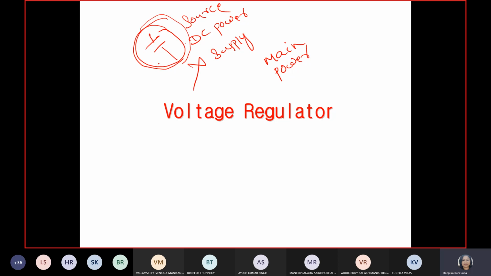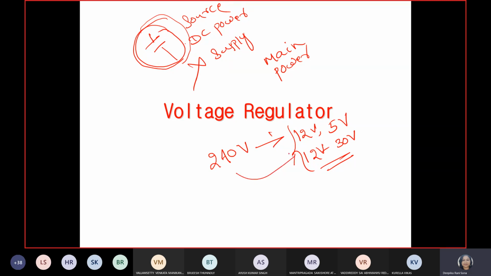So how do we control such a high voltage, the main AC supply voltage, to give rise to some 12 volt operation or 5 volt operation, or suppose some 12 to 30 volt operation? How do we get such a reduction? That too we need a constant or uninterrupted input of this voltage for some other application. How do we reduce this voltage?